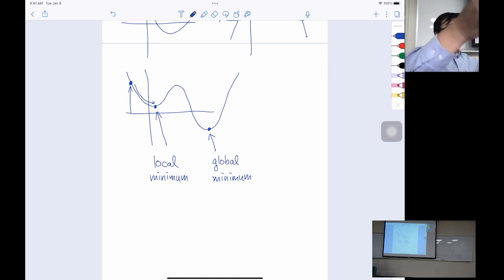One way to resolve this issue is to send out a lot of initial guesses and solve all the individual problems from each initial guess. At the end, you may end up with multiple optimal points, for example 5 of them. Pick the best one. So that's one way to find the global minimum.